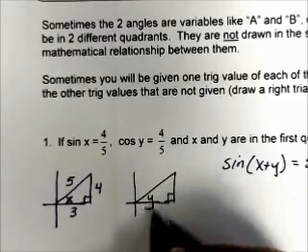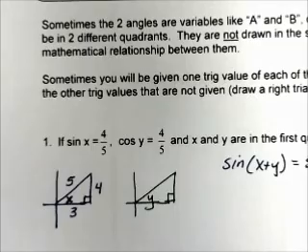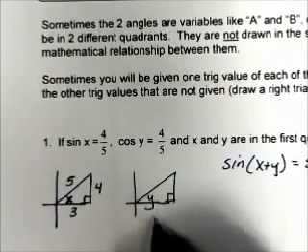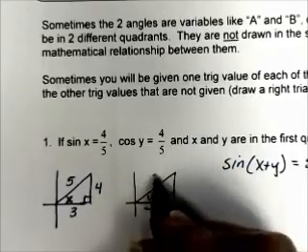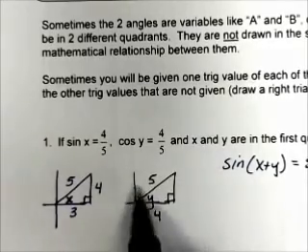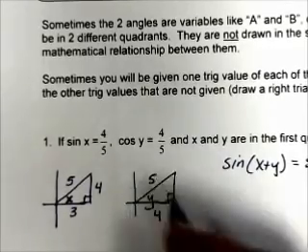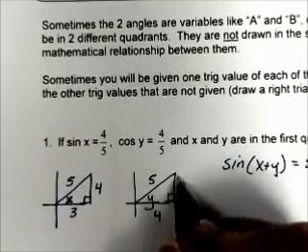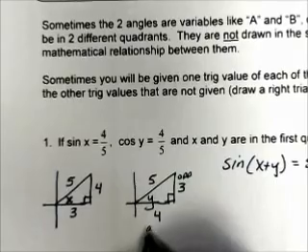Make sure you label this y. The cosine of y is 4/5, so adjacent side is 4, the hypotenuse is 5, and again this is the Pythagorean triple 3, 4, 5, so the opposite side is 3.